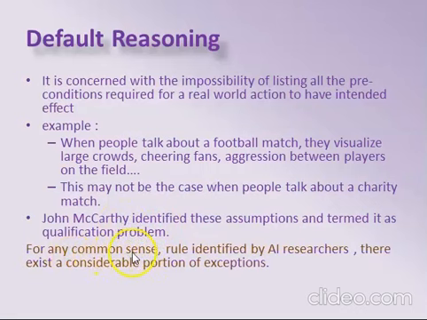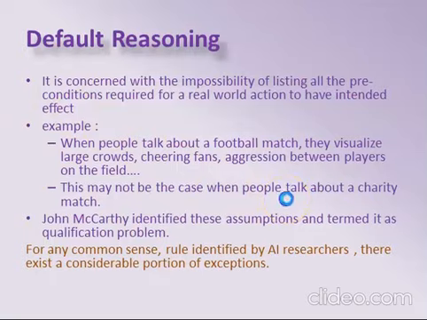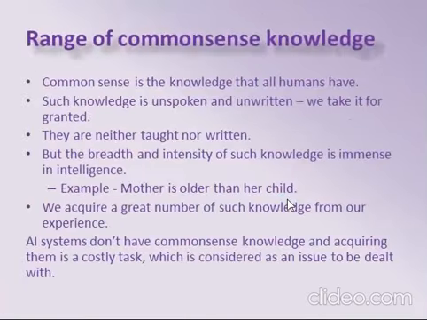For any common sense rule identified by AI researchers, there exists a considerable portion of exceptions. So there is a chance of exceptions in common sense knowledge. This was identified by AI researchers. So this is a difficulty.